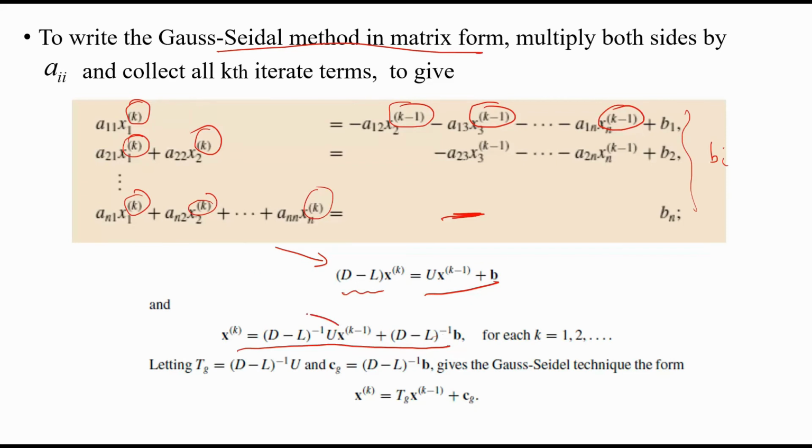This one will be your T. So find out the spectral radius of this matrix, and if it is less than 1, then you will say that for any choice of the initial condition you will get the unique solution. Or if you get a diagonally dominant system, then you can also say that for any choice of the initial condition, your iterative technique will converge to the unique solution x.